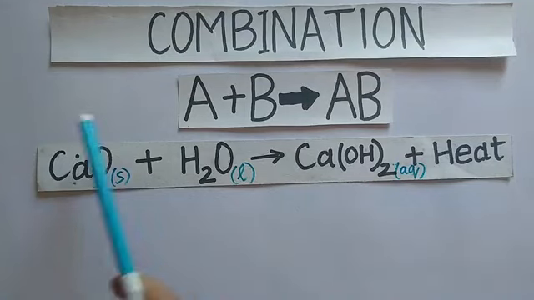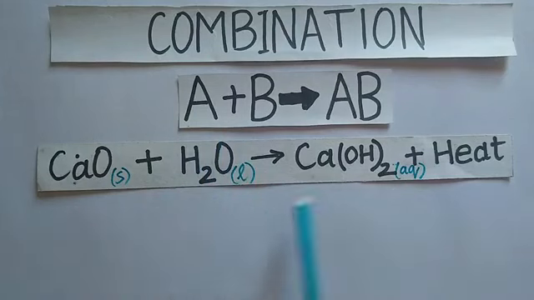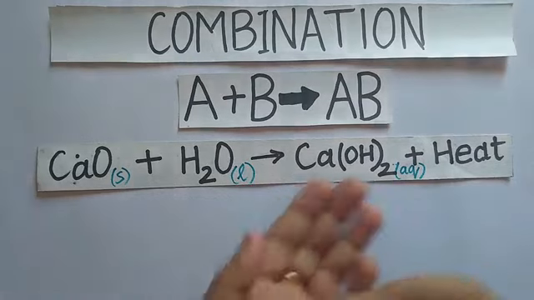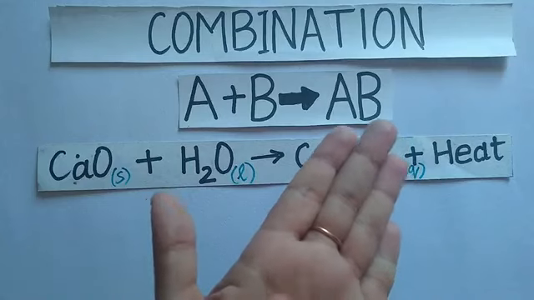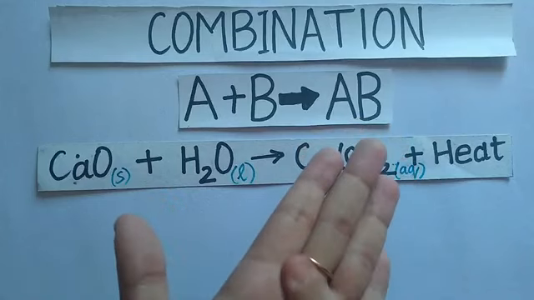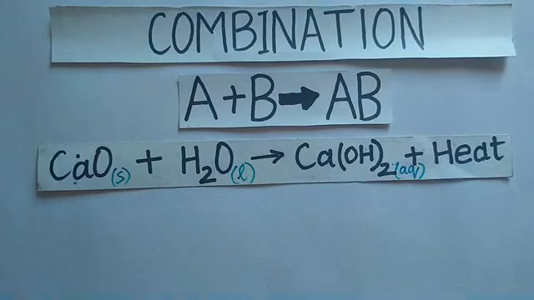So when a compound is added with water, it will give you another compound. So if you've seen powder, when it is added with water, it becomes a little mushy. So that thing that is formed is nothing but an aqueous solution. So an aqueous solution is something where the solvent is your water.